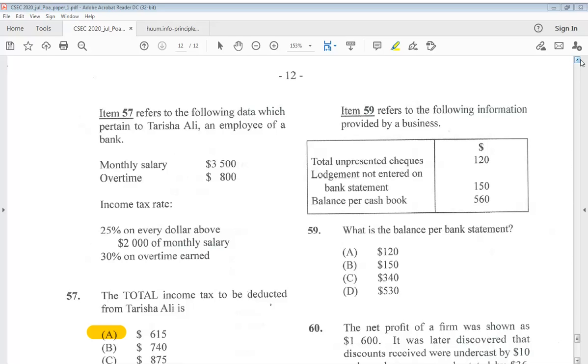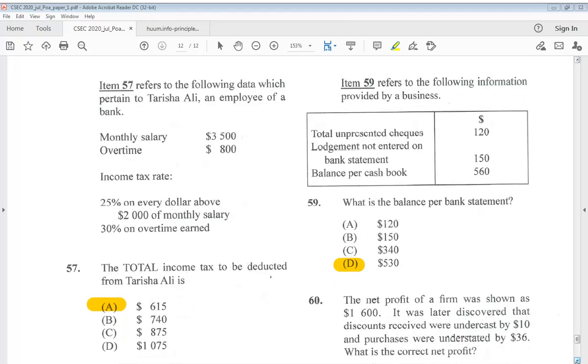Then we less lodgement not entered on bank statement, that's $150, and we get $410, and we add unpresented checks, $120, and that gives us a total of $530, D. There are two different ways you could have worked that, and you would have gotten the same answer.